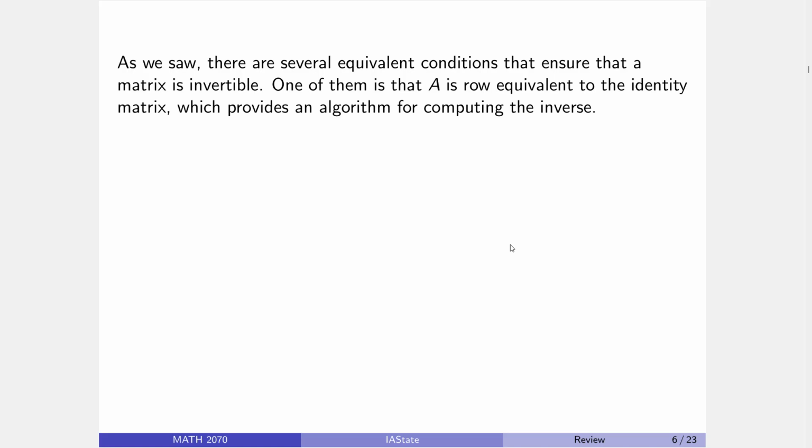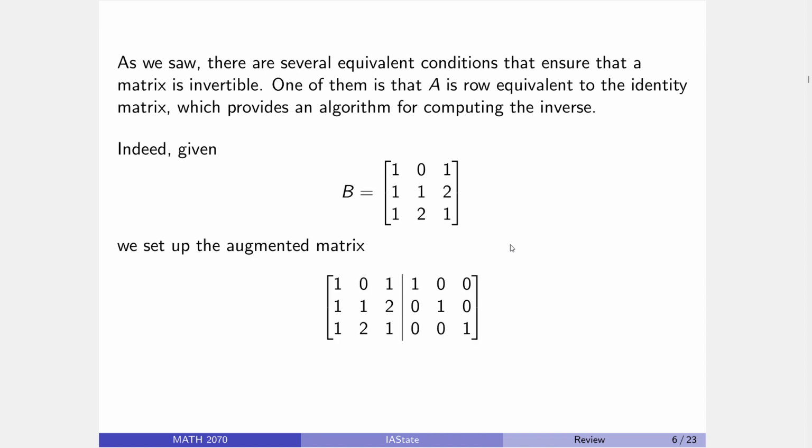And since you're row equivalent to the identity matrix, that means that since row operations are in fact matrix multiplications, keeping track of the row operations that turn you into the identity will give you a method for actually computing the inverse. So specifically, if I take a matrix here, and I want to know if it's invertible or not, I augment it, as we do, with the identity matrix on the right, and then now I'm going to perform row operations, and the row operations that turn this into the identity, or something else, will affect the identity matrix over here.